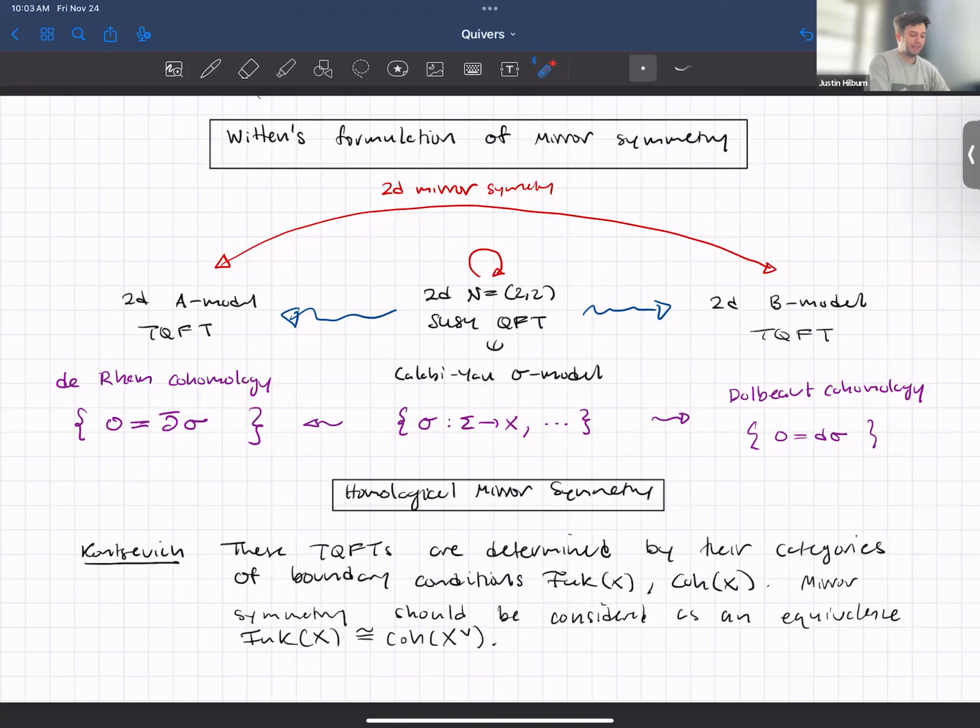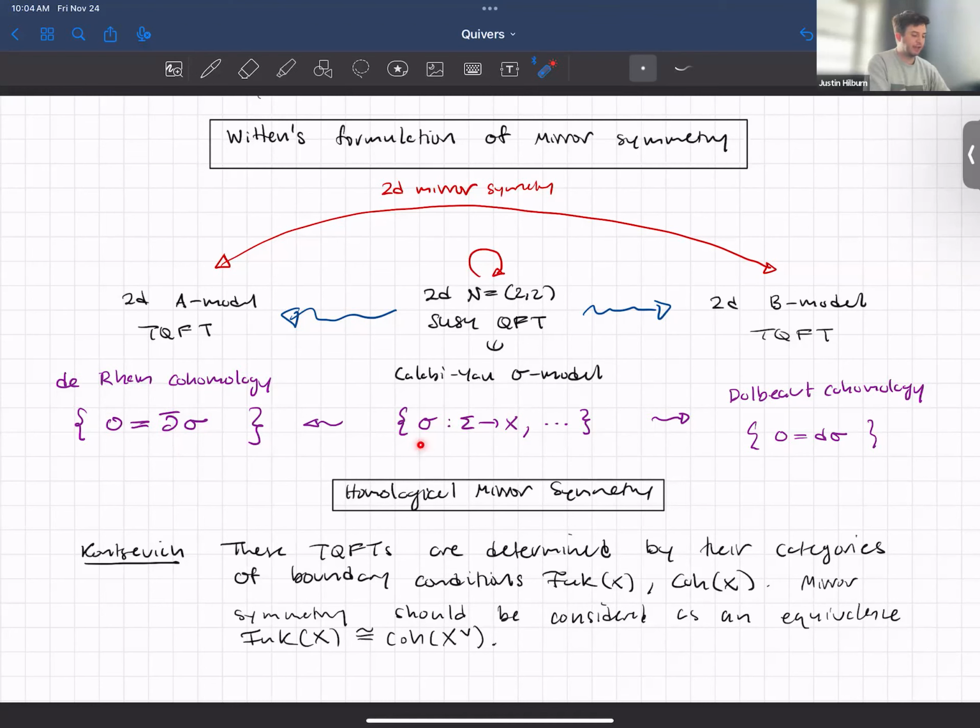And the way that these things work in a particular example, say the Calabi-Yau sigma model, which has some field which I'll call sigma, which is some map from a Riemann surface into a fixed Calabi-Yau. The way that these two topological twists work is that the A model is basically built by studying the de Rham cohomology of the space of holomorphic maps.